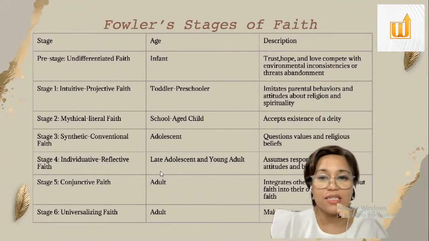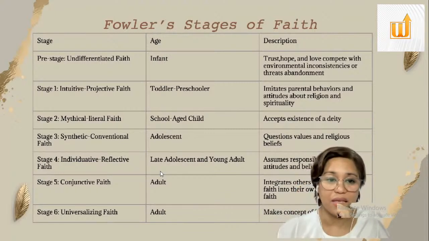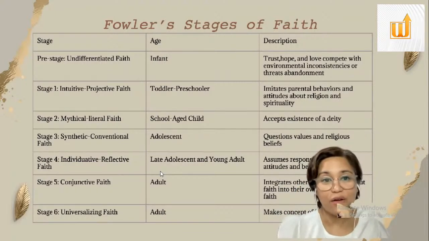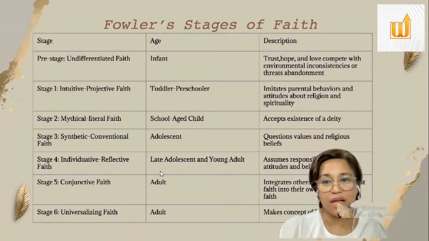During school age, the child has mythical literal faith, and they already know about the existence of a deity, according to Fowler, of course. And then we have the synthetic conventional faith during adolescence, where there are questions.